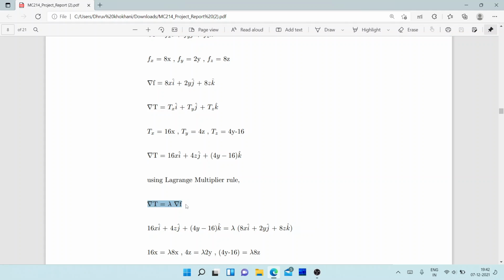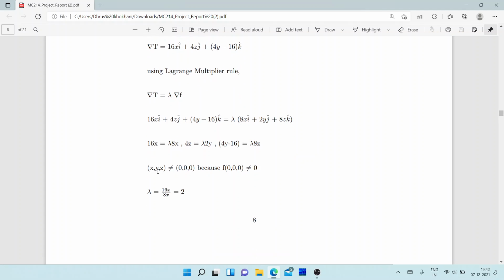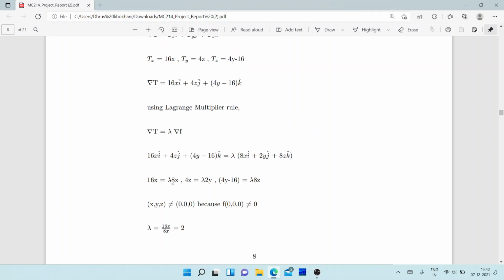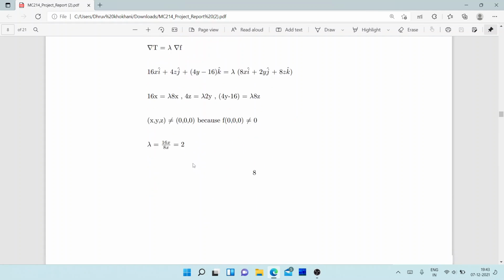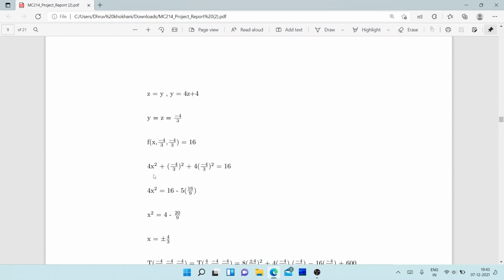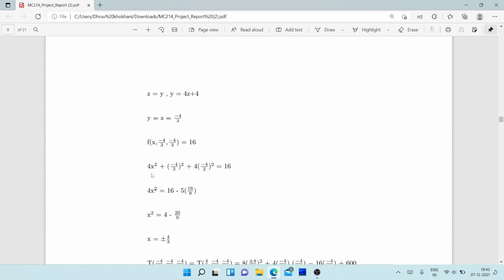So this is the Lagrange multiplier equation, and after solving this, we can see that x, y, z equal to 0, 0, 0 satisfies these equations, but this point does not lie on the probe surface. So after simplification, we get y and z equal to -4/3.